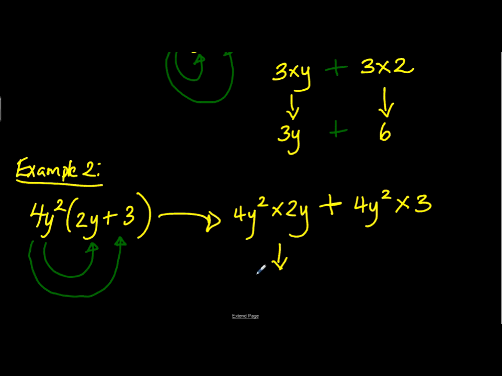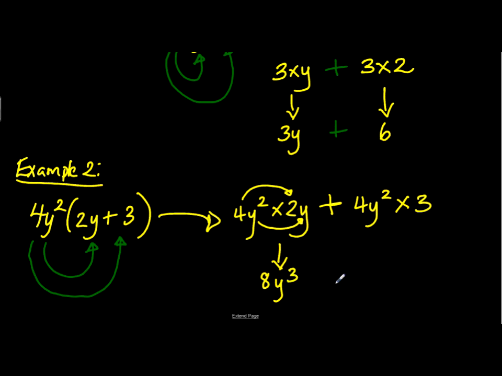Okay, and 4y² times 2y is the same as saying 4 times 2 first, so we multiply the numbers first, and then we multiply the letters, so y² times y. So we have 4 times 2, which gives us 8, and y² times y gives us y³.